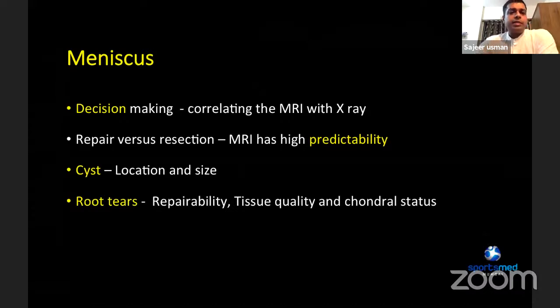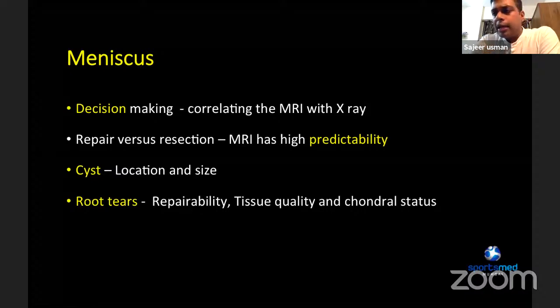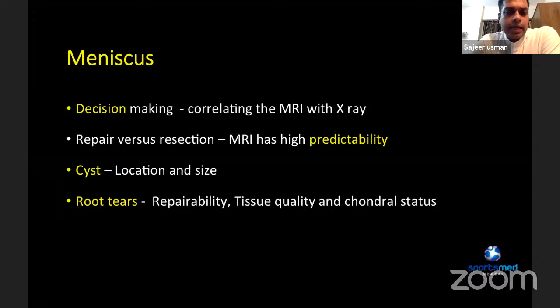So in the meniscus, decision making is always a positive clinical finding, and correlating the clinical finding with an MRI and a good X-ray. For the decision of repair versus resection, MRI has very high predictability, and you can keep the patient forewarned and ready for a longer rehab.